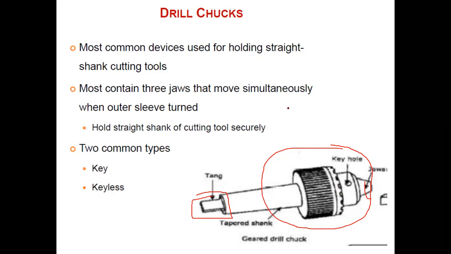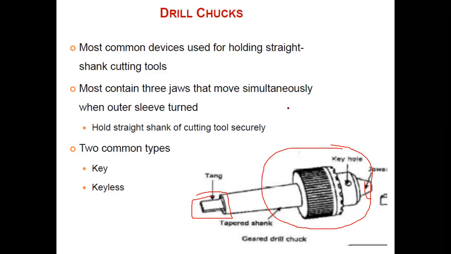In drilling, we hold tools, especially with circular or symmetrical cross sections, very easily using these three jaws, which are nothing but the self-centering chucks you have seen on the lathe.